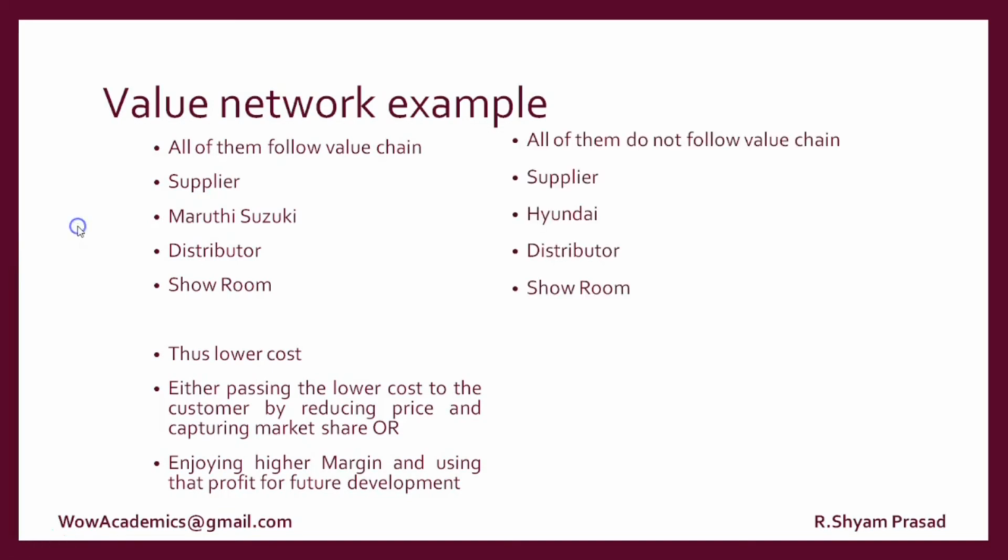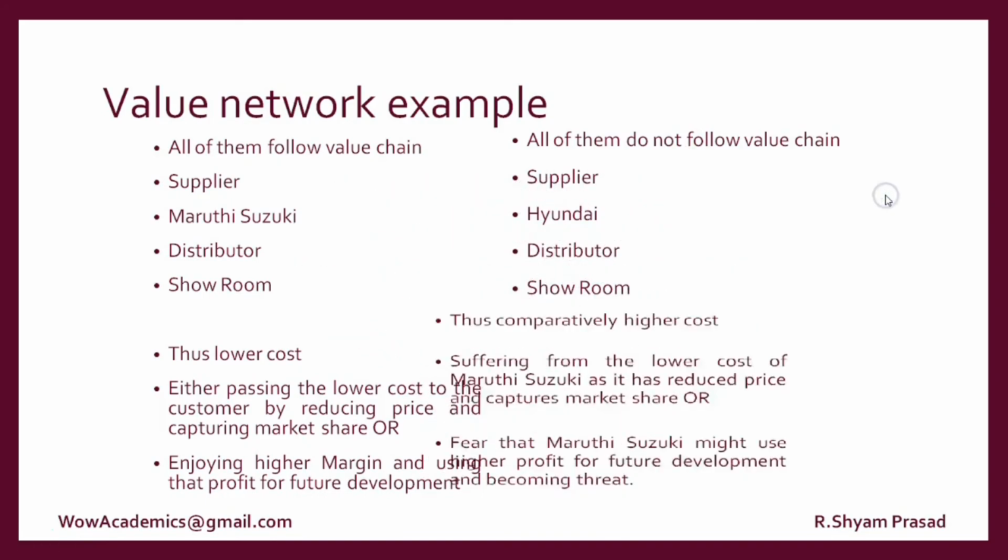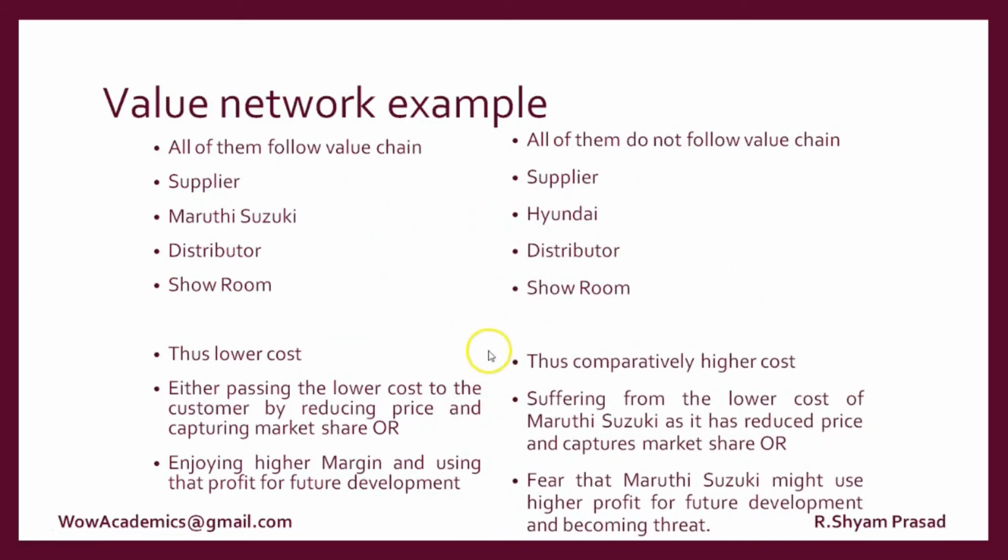So what's the benefit? On the other hand, assume that Hyundai is not following the value chain. His supplier, his distributor, his showroom are not following the value chain. So what would happen? They will have a comparatively higher cost, suffering from the lower cost of Maruti Suzuki, as it has a reduced price and captures market share.